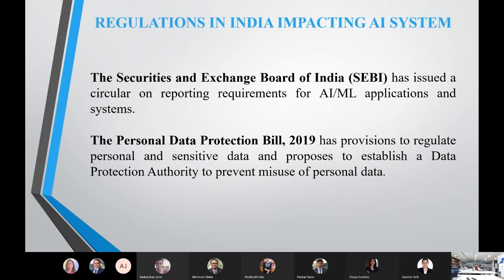Now, what are the regulations in India which are impacting this, because of the nature and the data which is used in AI? Those need to be taken care of. I remember while the Aadhaar card case was going on in the Supreme Court, the bench was insisting, as the advocate argued, that in Aadhaar all the data of the public are involved.